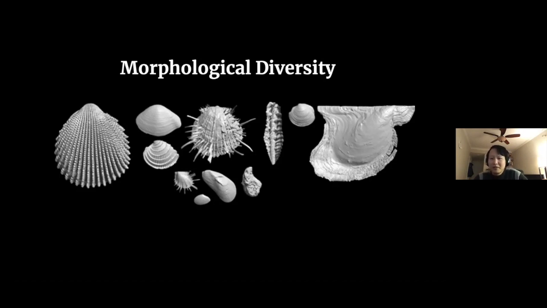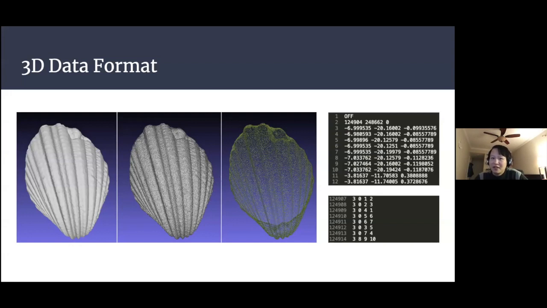So let's begin by looking at what this data looks like. After we obtain a high resolution scan of the shell, it has to be represented in some format so the computer can parse and comprehend this data. Depending on the renderer or the granularity you choose to visualize this data, you can transition smoothly from illustrating a surface to illustrating a surface with connectivity or just studying the point clouds.